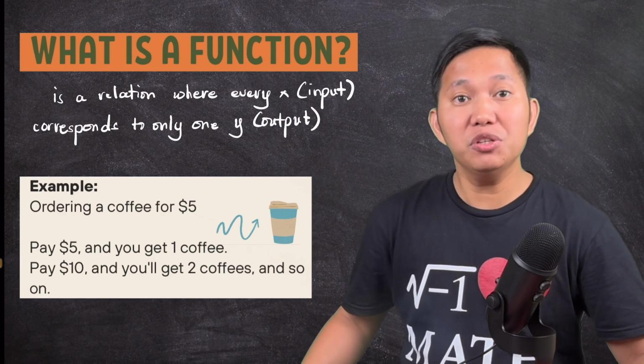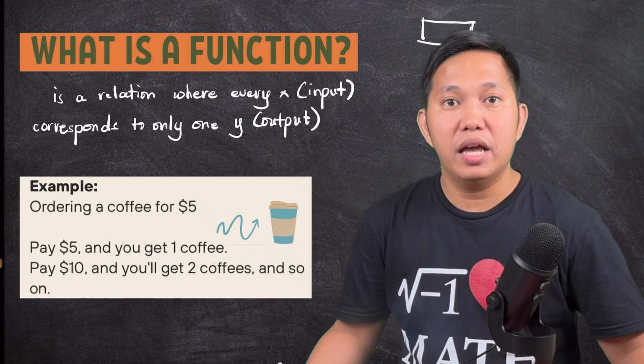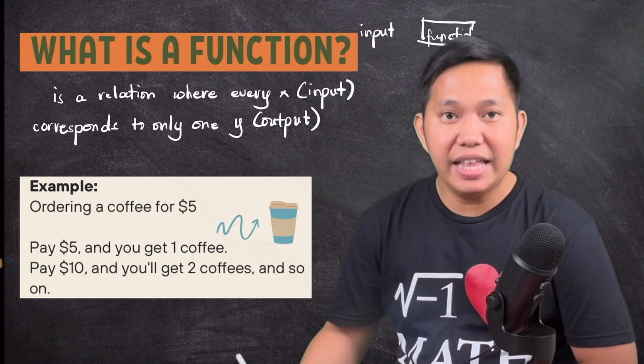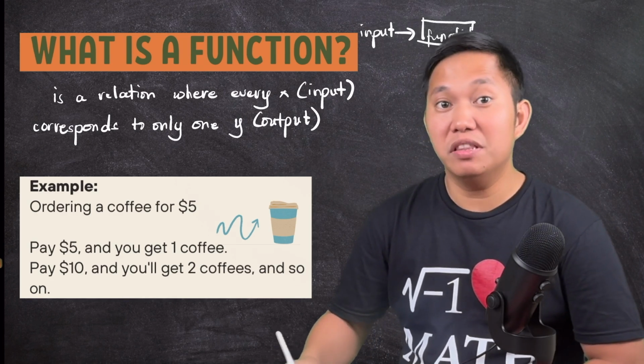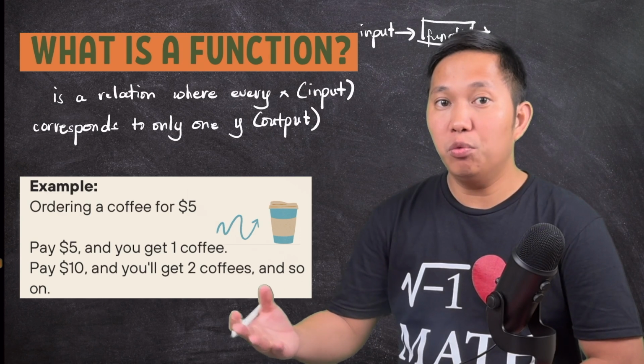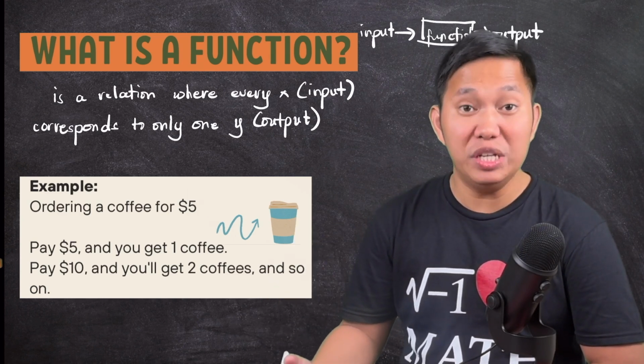You can also think of a function as a machine. If you take an input, this machine will munch on that input, right? And based on what that input is, it will produce a single unique output.